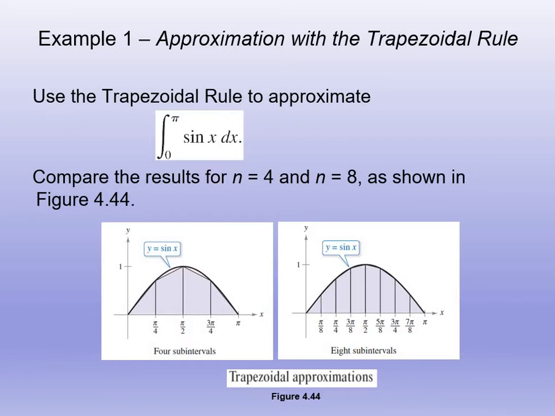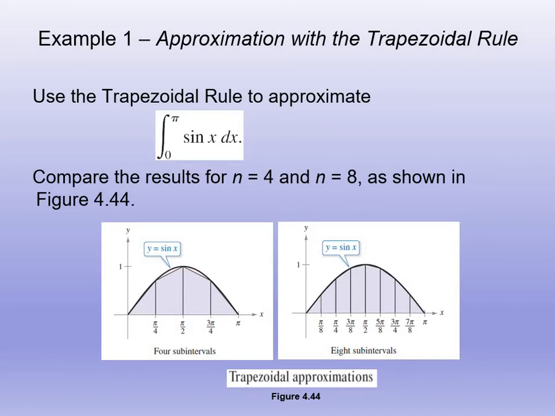Remember, base 1 plus base 2 divided by 2 is going to be the average of the base pieces, times the height that we're going to have for each trapezoid. And notice that the height is going to be the interval spacing. So between pi over 4 and pi over 2, between pi over 2 and 3 pi over 4, right? That's still the spacing there, pi over 4.